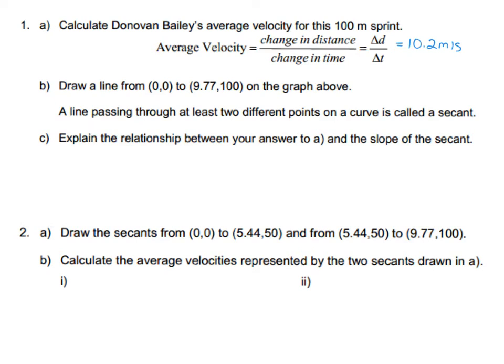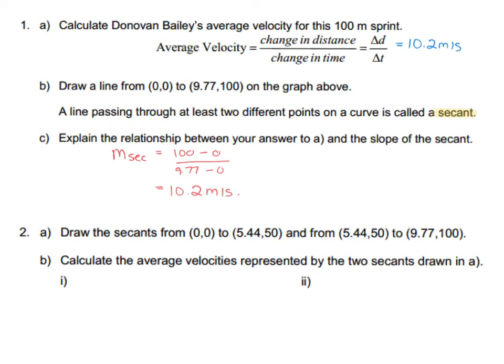And just a reminder that this line is called a secant line. So I'll go back and do that. Okay, and to find the slope of that secant line, we would take y2 minus y1 over x2 minus x1, and of course we would get the exact same answer, 10.2 meters per second.